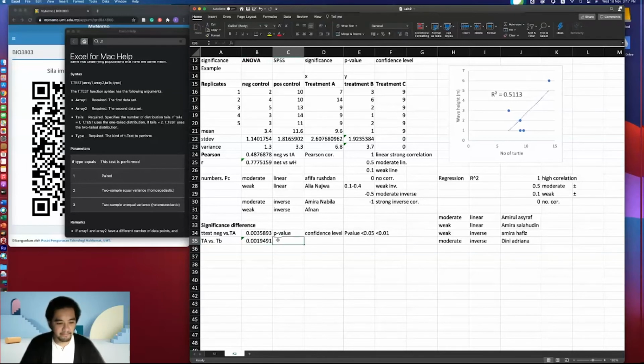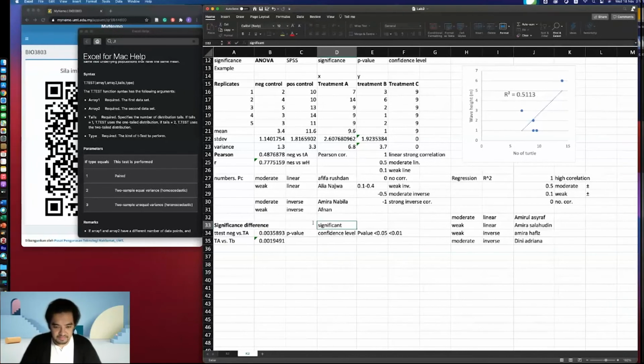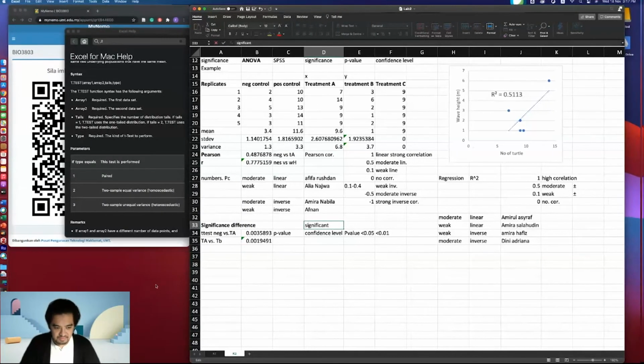So what does it mean? Is the difference significant or not? We do a test of significance, with the p-value as the confidence level. So what do you think, Mashita? Just 0.01, is it significant or not?